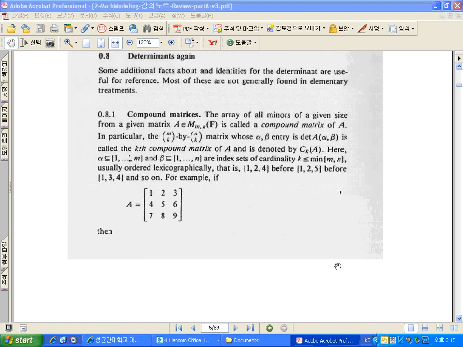The kth compound matrix of a given m by n matrix is an m choose k by n choose k matrix whose alpha, beta entry is the determinant of A[alpha, beta]. It's brackets, not parentheses. It is called the kth compound matrix of A and denoted by C_k(A). So alpha is a subset in here, and beta is a subset in here, with strictly increasing order.